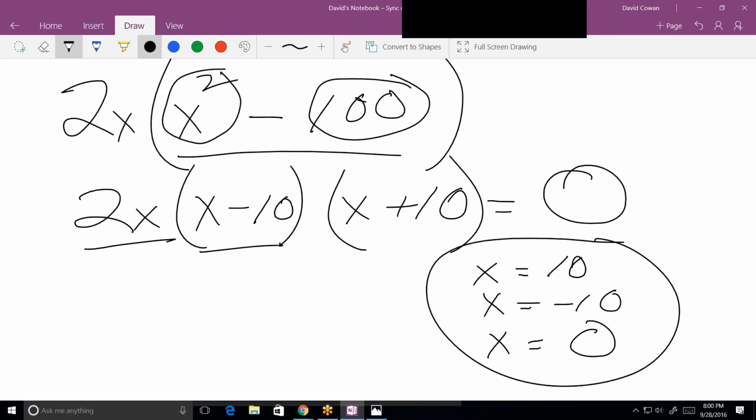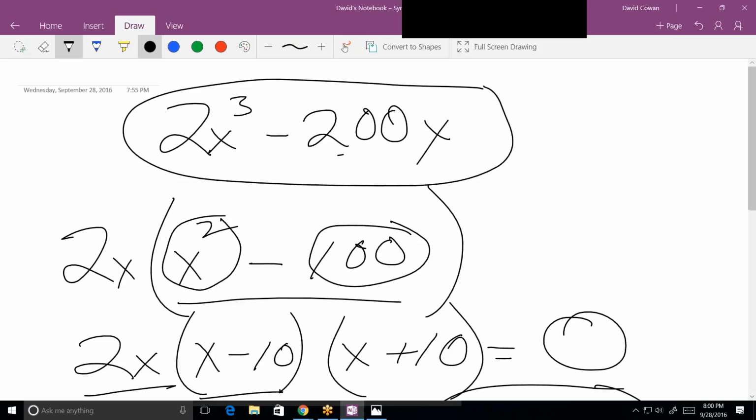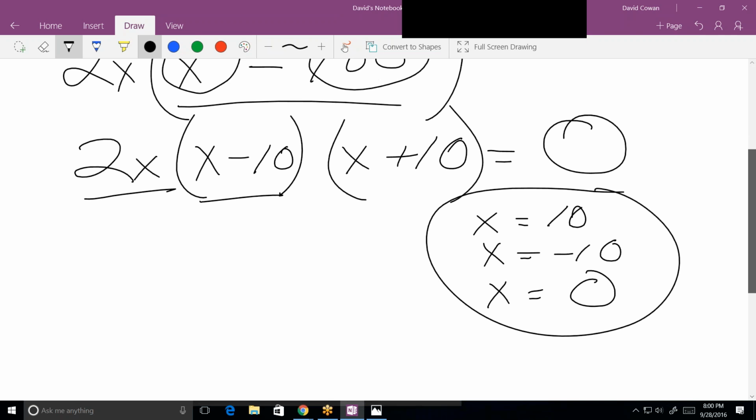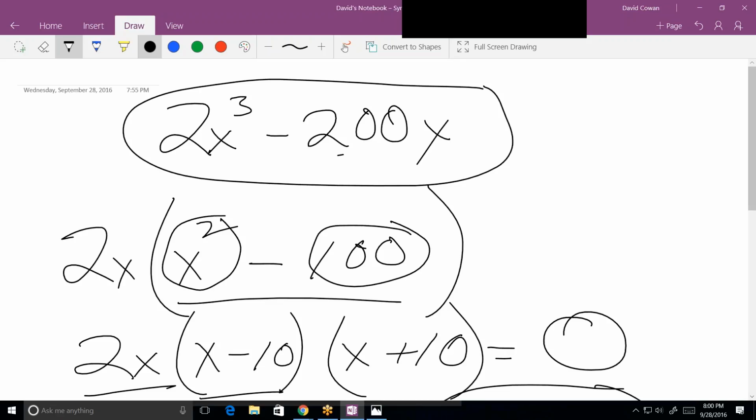And that's how many we would expect. Remember, we started out with a cubic. When you start out with a cubic, you expect there to be 3 solutions. Occasionally you'll have functions where 2 of the solutions will be the same. It won't look like 3 unique solutions, but that's okay. You always have 3 solutions, even if the multiplicity is more than 1.